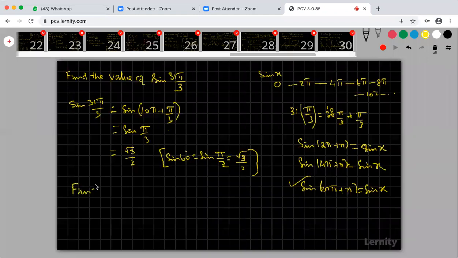Find the value of this. How to find the value of this? Find cos of minus 1710 degree. This is given in degrees.